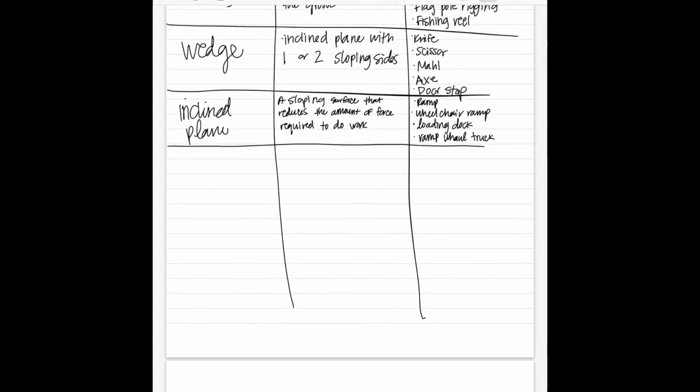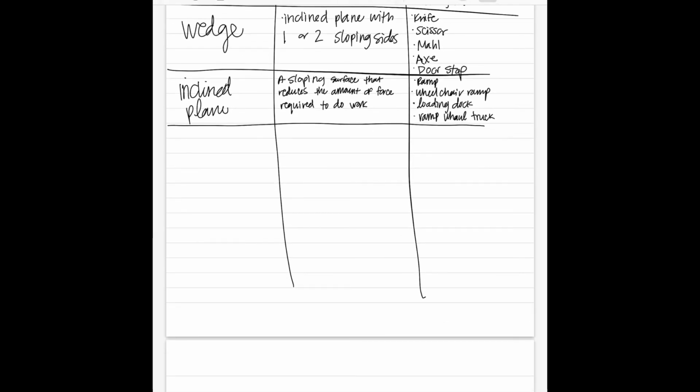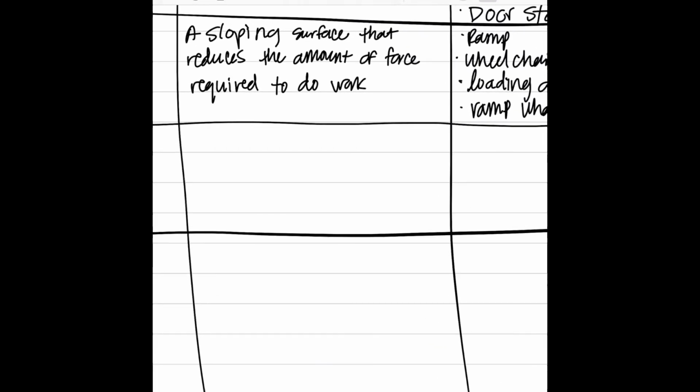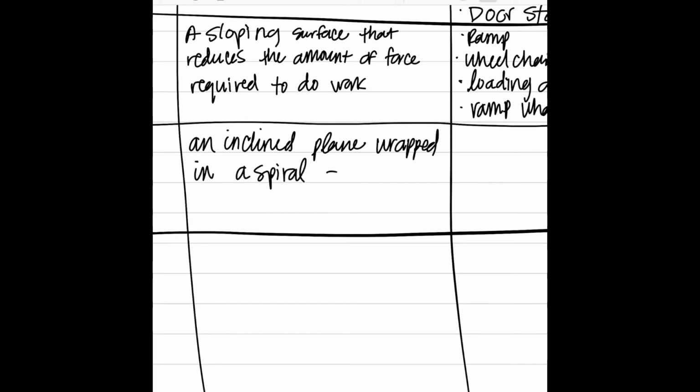All right, there are 6 of these, so we've got 3 left. The next one is a screw. A screw is an inclined plane wrapped in a spiral around a cylinder.